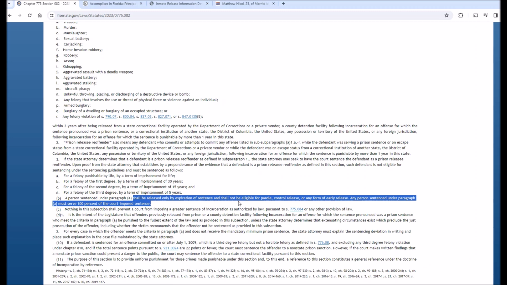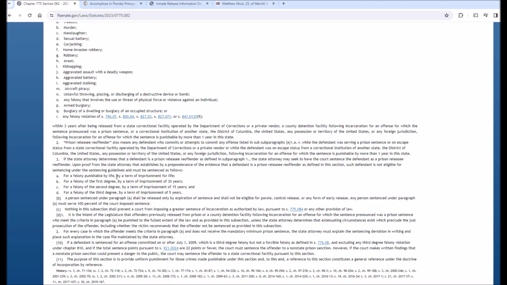Any person sentenced under paragraph A must serve 100% of the court-imposed sentence. Remember that term for life? Must serve 100%. That's no parole. Anthony Davila will never get out of prison.